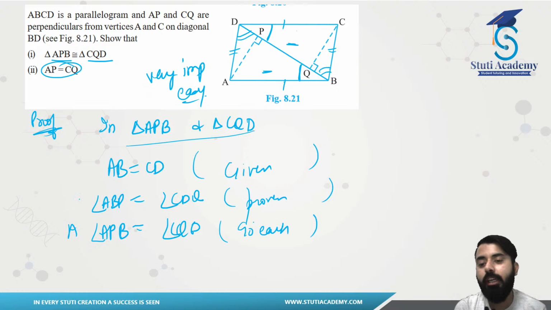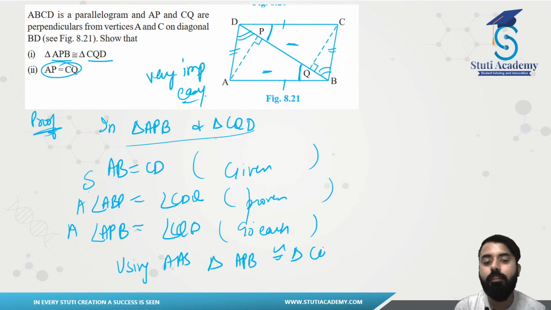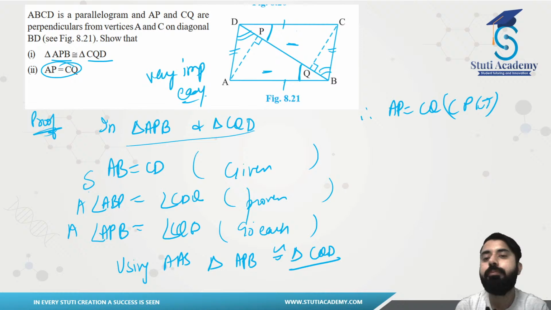So guys, see, angle angle side, triangle APB will be congruent to triangle CQD, and ultimately you can say AP is equal to CQ, right? So this is the easiest proof that you can go for.